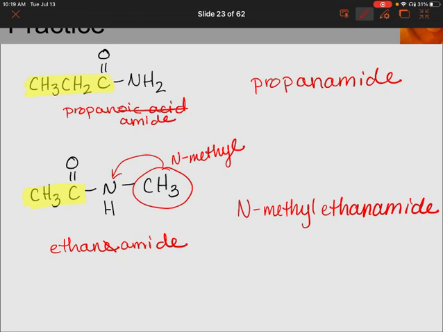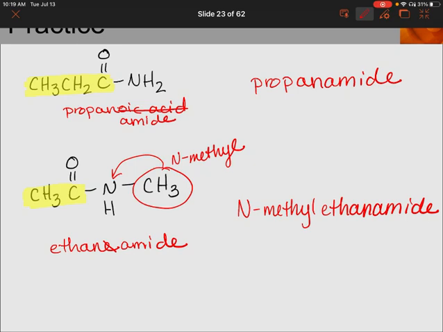With esters and carboxylic acids, it can get a bit confusing at times because with carboxylic acids, the ending is oic acid. With esters, if you're using the IUPAC method, the ending is oate. So it can get a bit confusing with those, but at least with amines and amides, it's pretty obvious which type of compound you're working with.